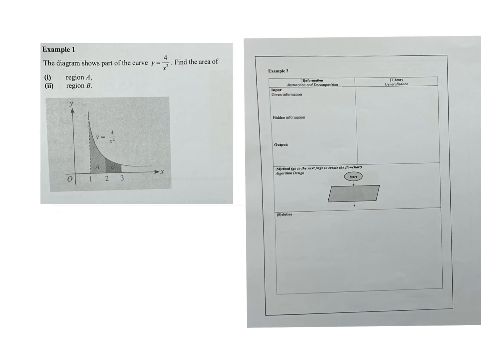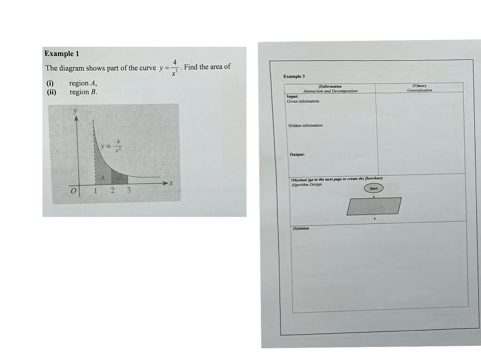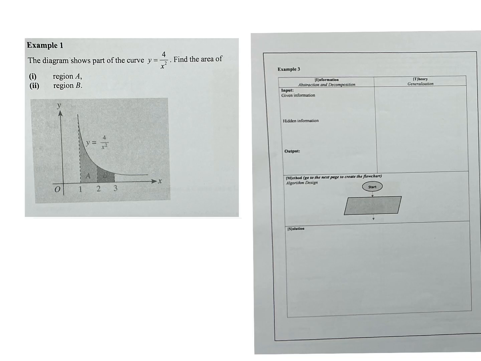Okay, so let's write down the first thing. Those with the digital copy, you can write this down. The given info is the equation. You might want to write it in this way. What other things are given? 1, 2, 3.